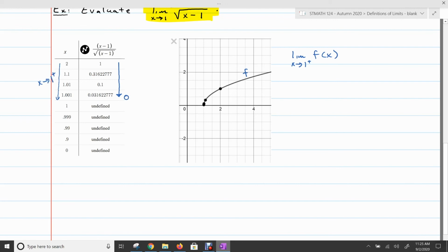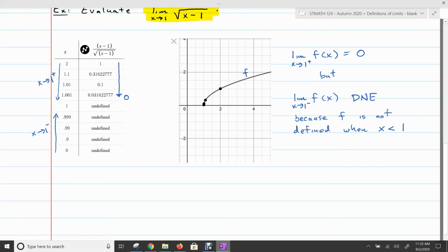On the other hand, we got a problem when we try to let x go to 1 from the left. The limit as x approaches 1 from the left simply does not exist, and the reason is because f is not defined when x is less than 1. If the function's not defined, the definition of limit doesn't make sense, so you just say you don't have a limit. Limit does not exist.